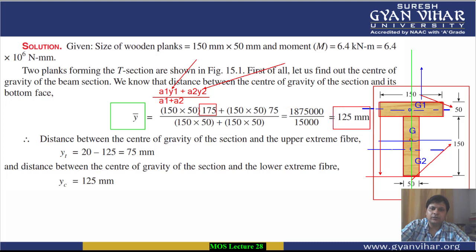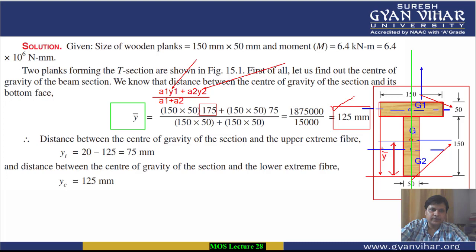Finally you will get the value of y bar. Y bar is basically the distance of the neutral axis, or the center of gravity, from the bottom, which is considered as the reference axis. So y bar we have calculated.